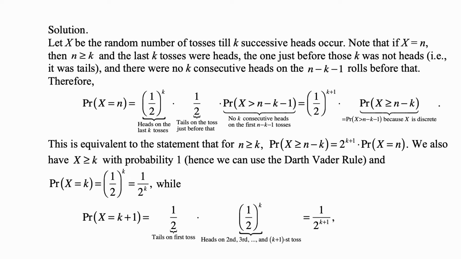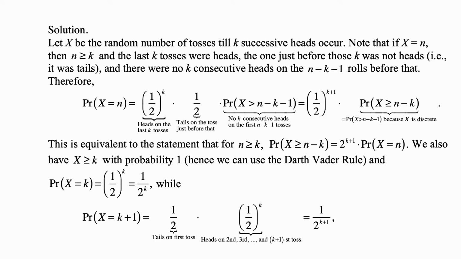And here's the solution. So let X be the random number of tosses till k successive heads occur. Note that if X is equal to n, then n is greater than or equal to k, and the last k tosses were heads. The one just before those k was not heads, so it was tails, and there were no k consecutive heads on the n minus k minus 1 tosses before that.